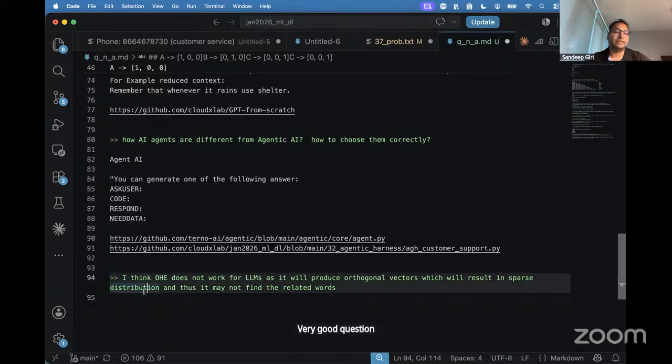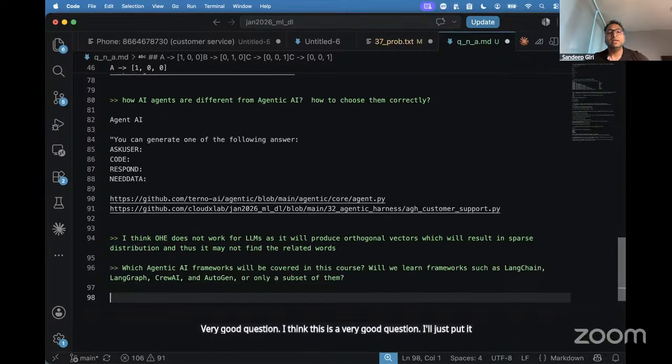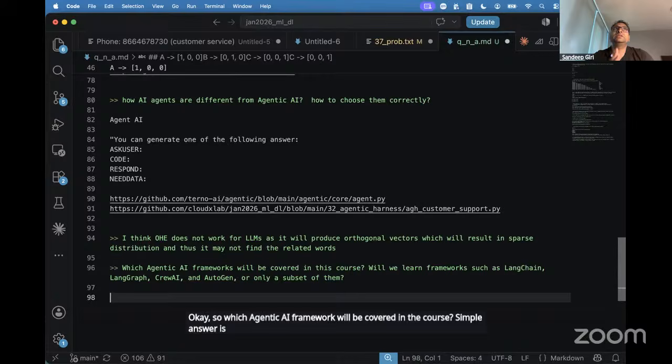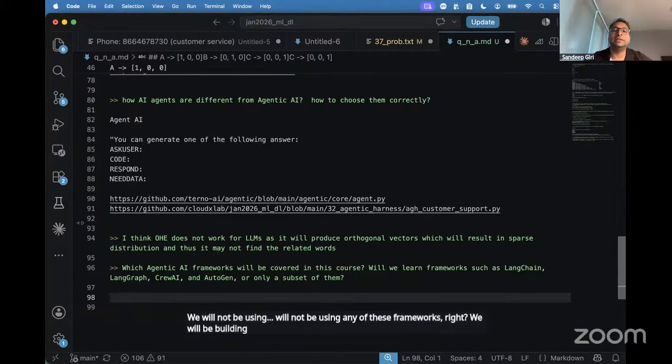Simple answer is the course is about building the psychology to deal with AI and building your own agent. So we will not be using any of these frameworks. We will be building our own agent.